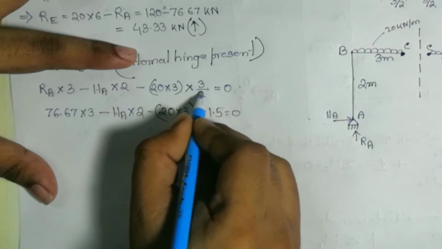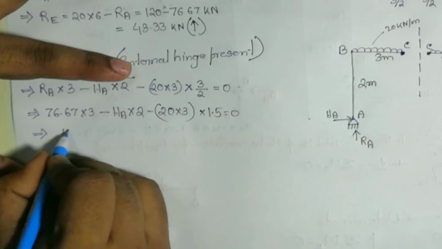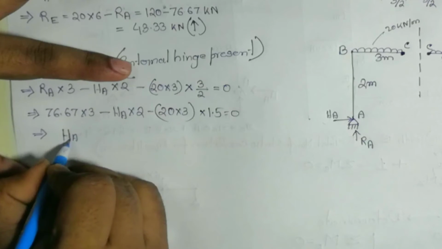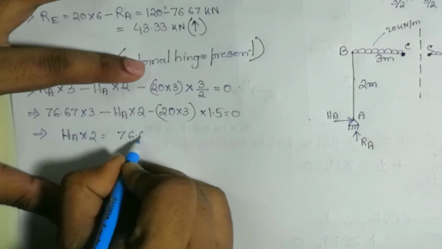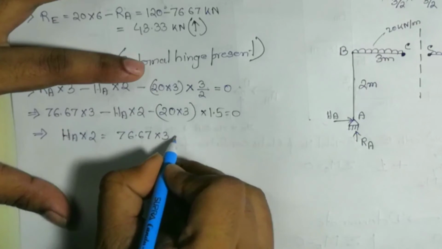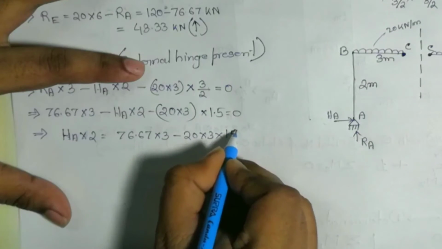HA into 2 will be 76.67 into 3 minus 20 into 3 into 1.5.